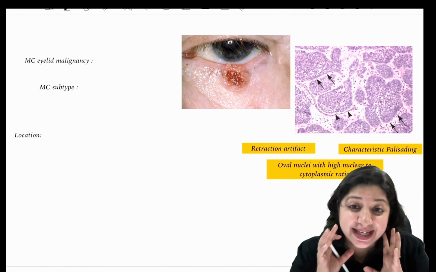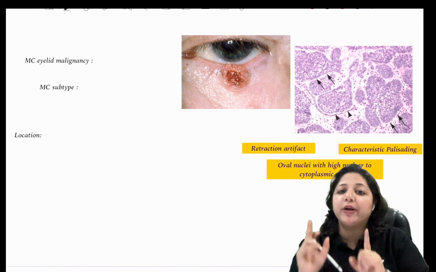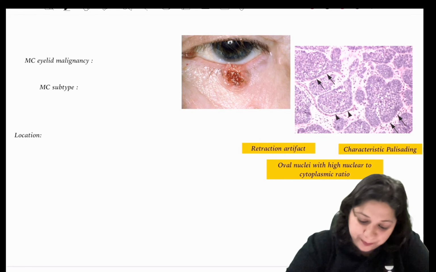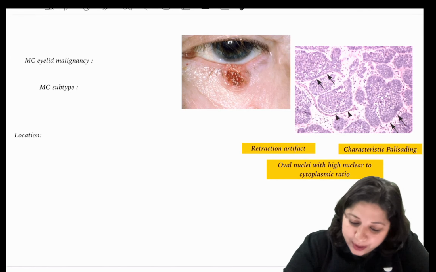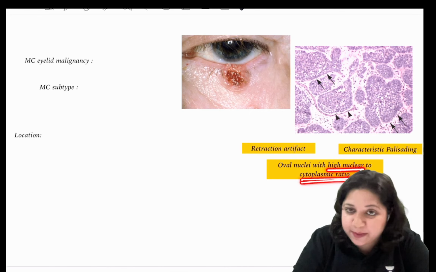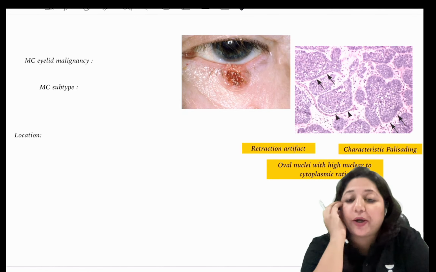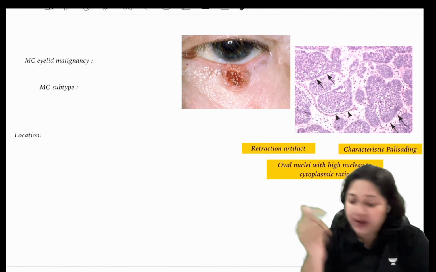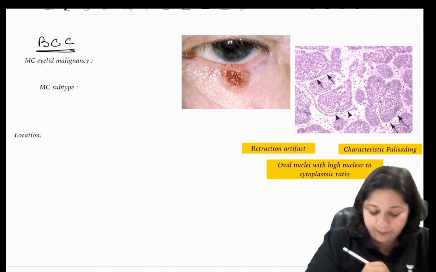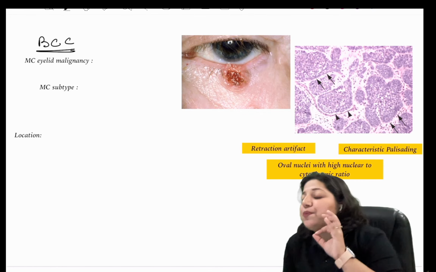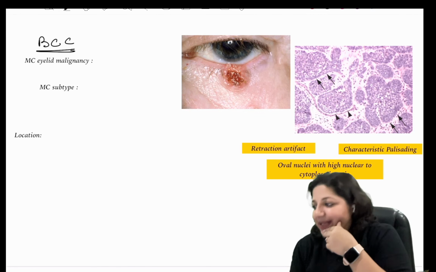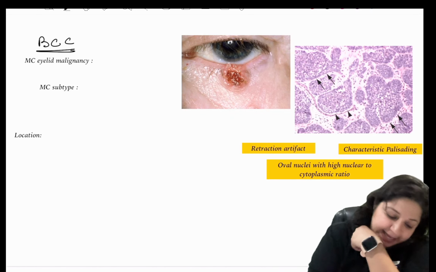Whenever I have an eyelid malignancy like this, and on histopathology you get a retraction artifact, characteristic palisading and oval nuclei with high nuclear to cytoplasmic ratio, and an ulcer like this, what are we talking about? Very good. We're talking about basal cell carcinoma. Now the next question comes, which is the most common eyelid malignancy? The most common eyelid malignancy is basal cell carcinoma.